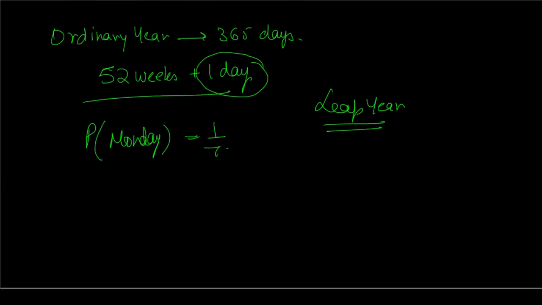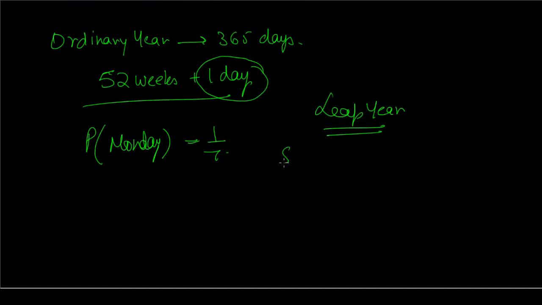The combinations can be Sunday, Monday, or Monday, Tuesday, or Tuesday, Wednesday, or Wednesday, Thursday, or Thursday, Friday, or Friday, Saturday. So probability of 53 Sundays is 2 by 7.